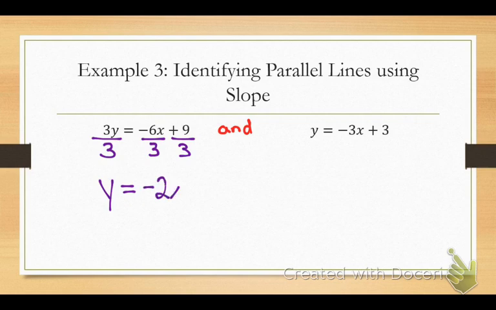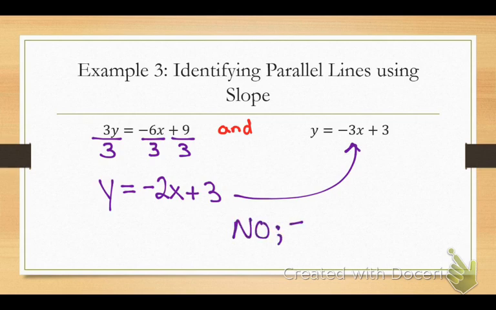Negative 2x plus 3. So are these the same slope? They are not the same slope. One is negative 2x and one is negative 3x. So my answer is no, because the slopes are negative 2 and negative 3.